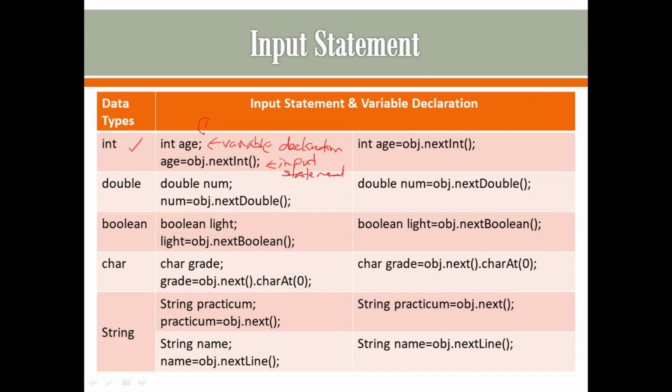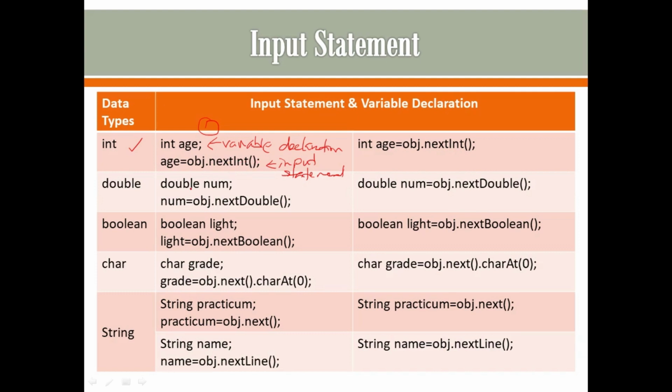The first way, you declare first the variable you use. Let's say age. You know the data type is whole, an integer. Let's say my age is 34, right? Not 34.5. So the suitable data type is integer. Then on the next line, age equal to obj dot nextInt bracket semicolon.